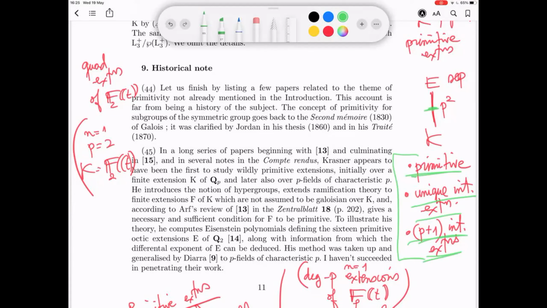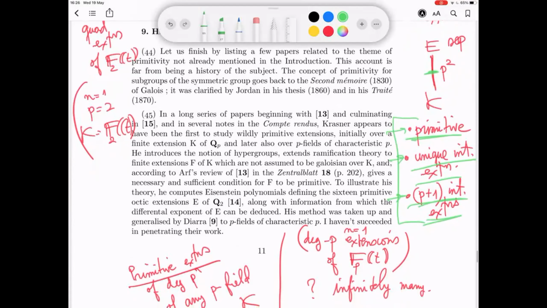Okay. So that's the first thing that you have to convince yourself of, you have to try to prove. Now, the next question is, these primitive extensions, I know how to handle these.